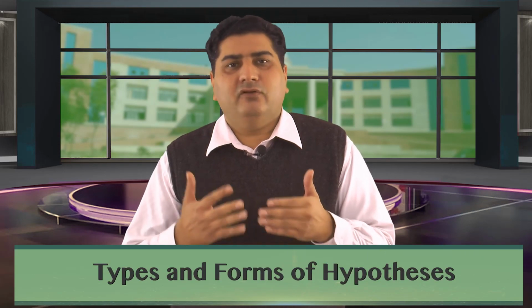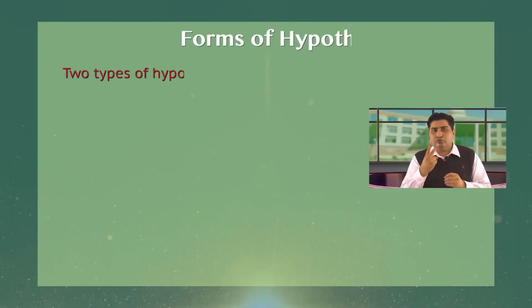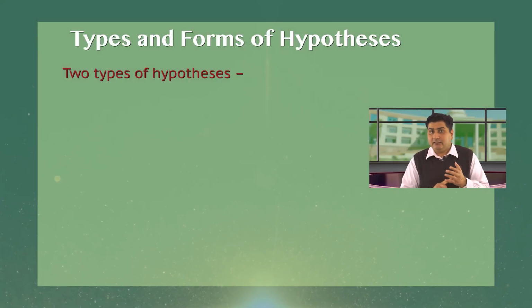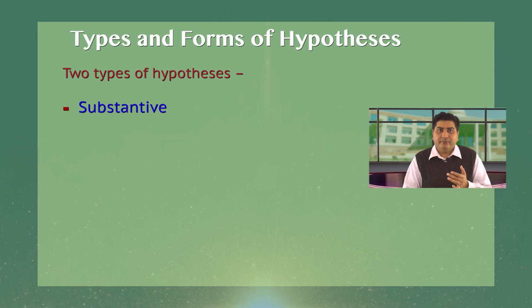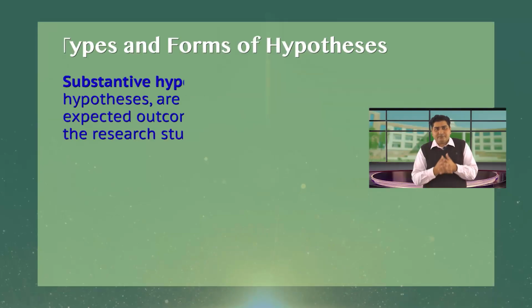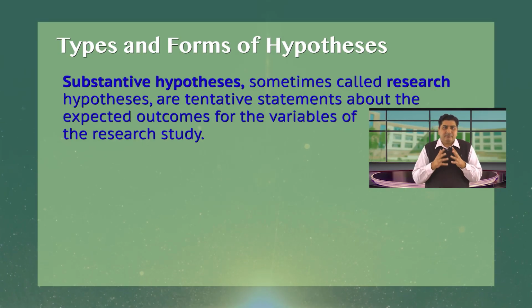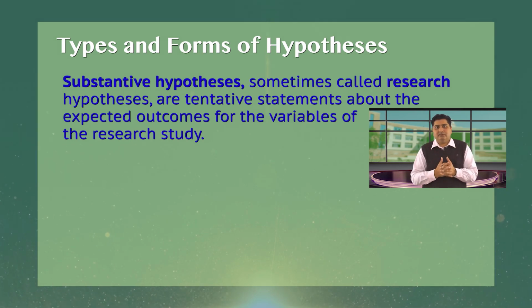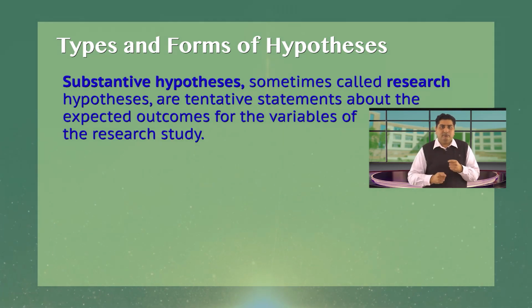Now, let us understand various types and forms of hypothesis. Kerlinger and Lee in 2000 indicate that in a broad sense, researchers use two types of hypothesis: substantive and statistical. Substantive hypotheses, sometimes called research hypotheses, are tentative statements about the expected outcomes for the variables of the research study.